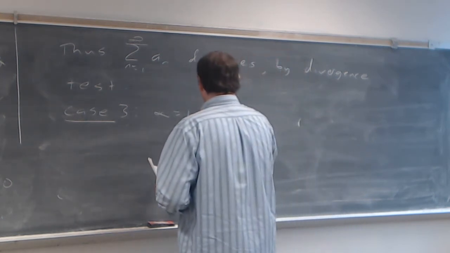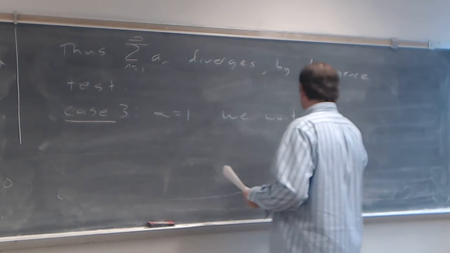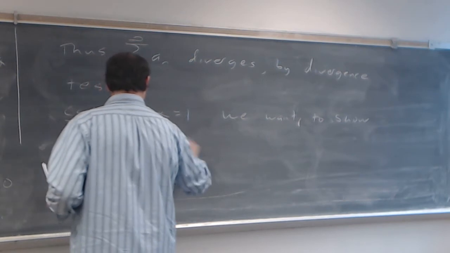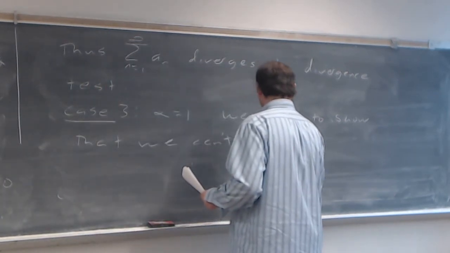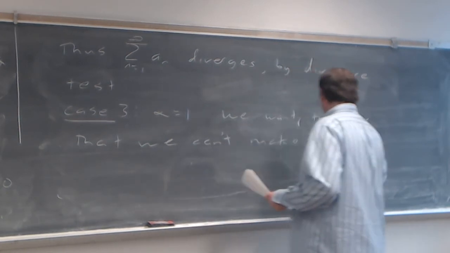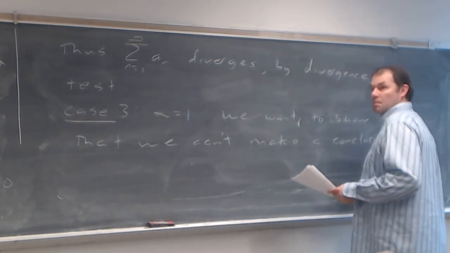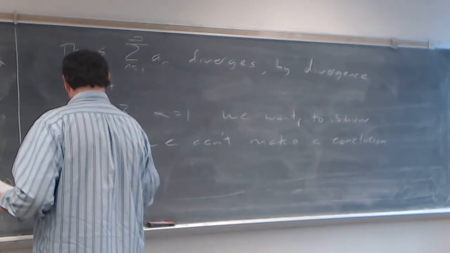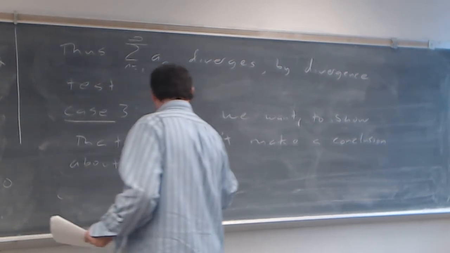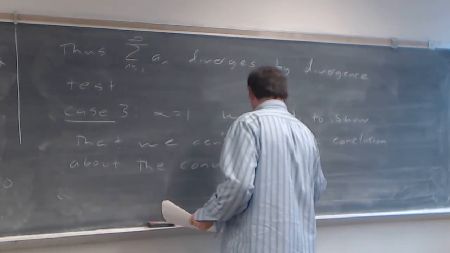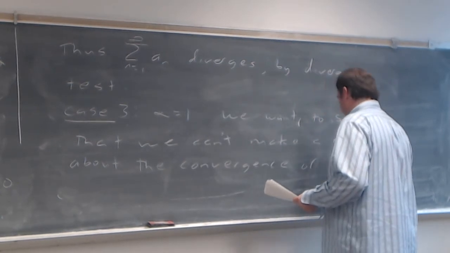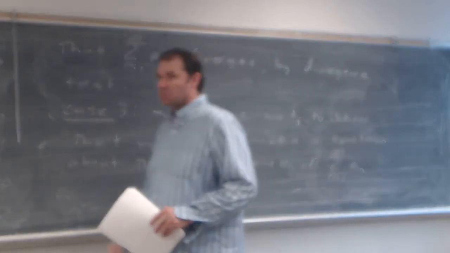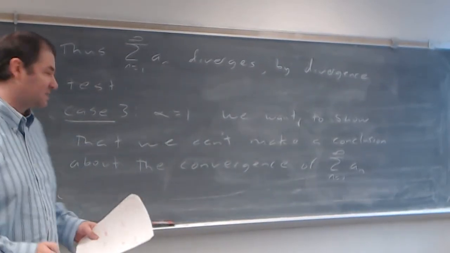So, we want to show that we can't make a conclusion about the convergence of this series of a sub n. And so what we're going to do is look at two examples, two p-series.